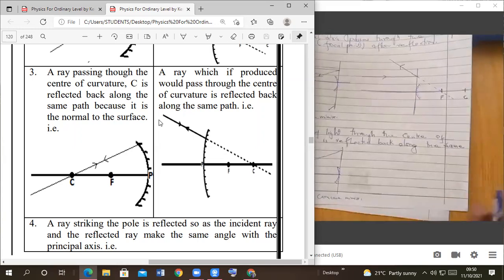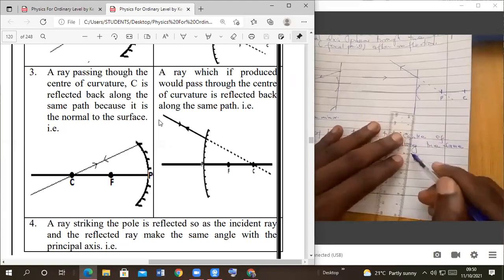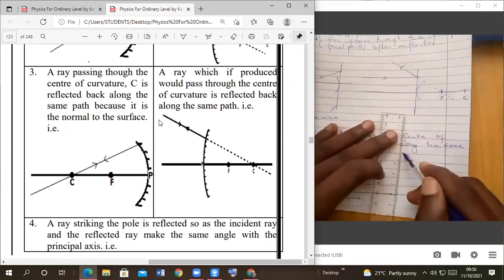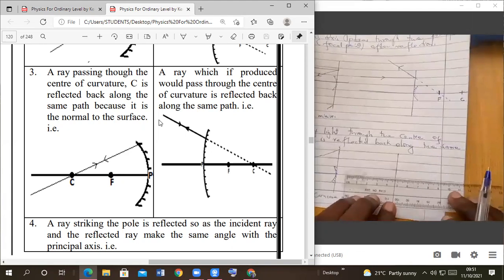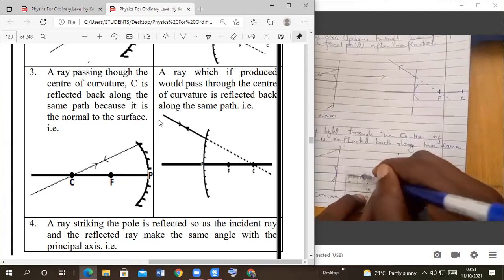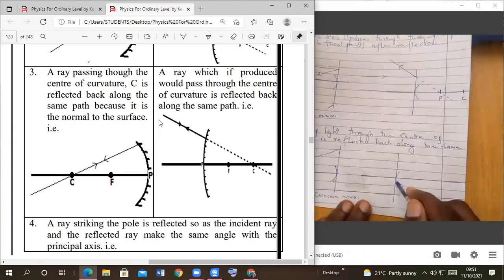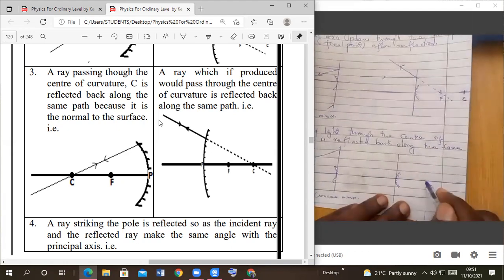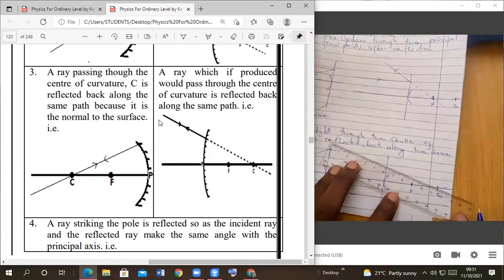Let's also draw for convex. So it will be like this.